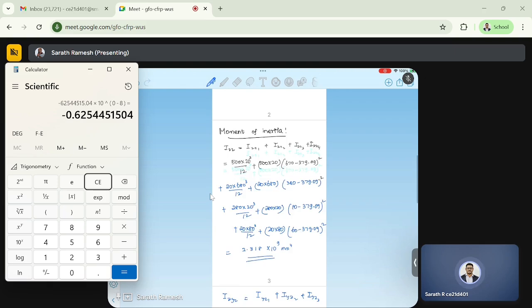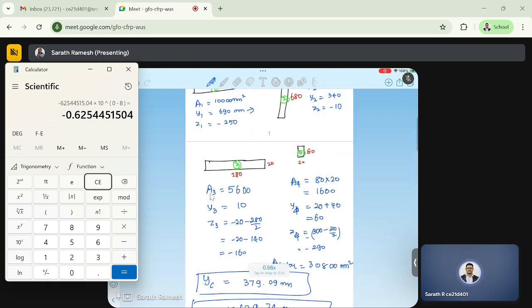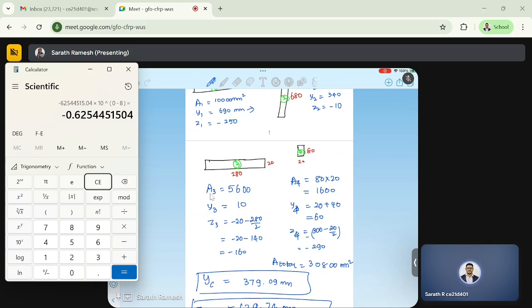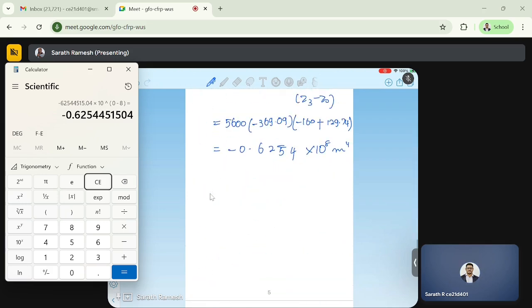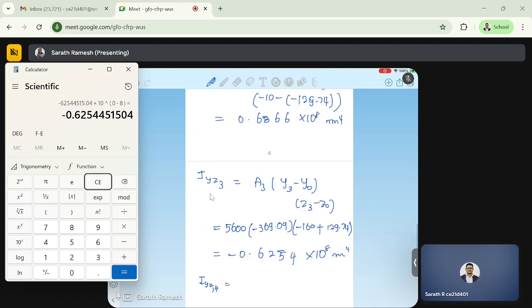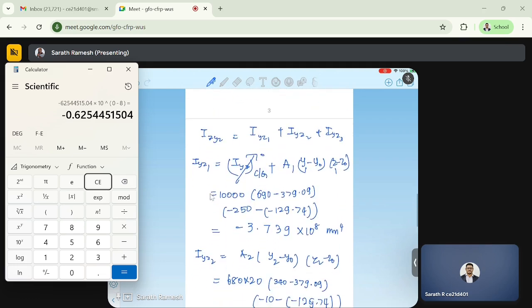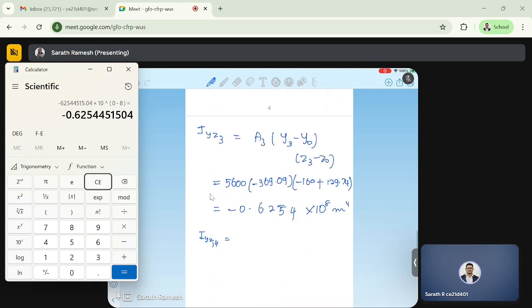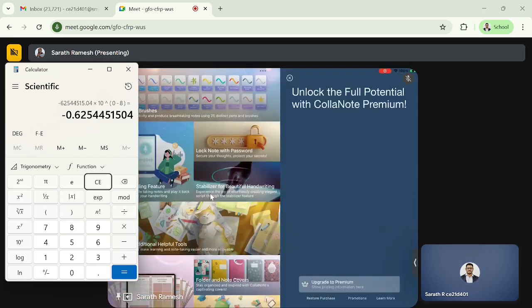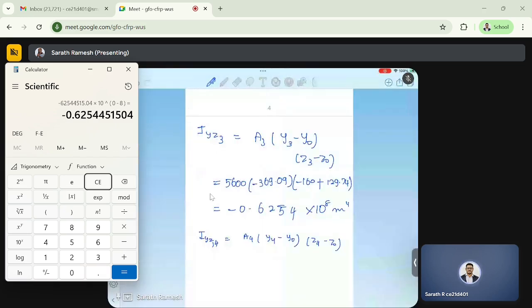Finally, for that small fourth section, we can get IYZ4, which will be A4 times y4 minus y naught times z4 minus z naught.